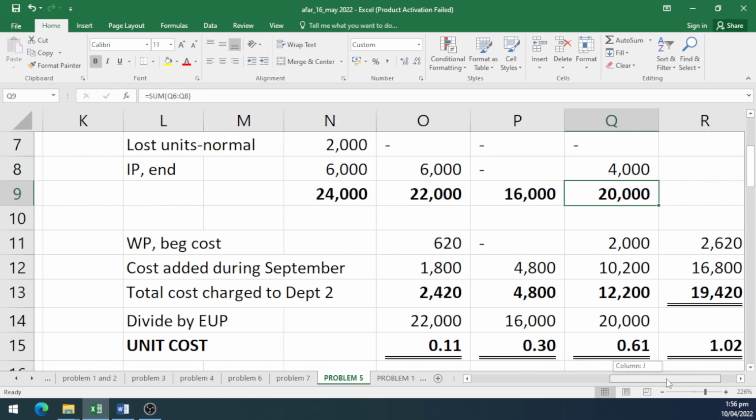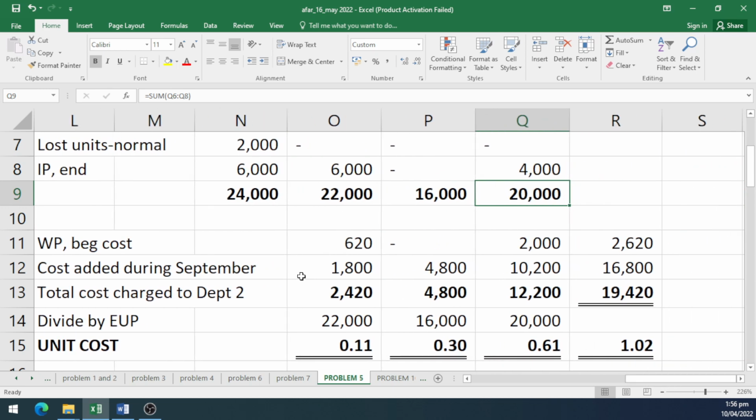So, our computation ng unit cost is here. For transferred in, 620. Then cost added during September, 1.8. 2,420. Divided by EUP na 22,000, we have 0.11.